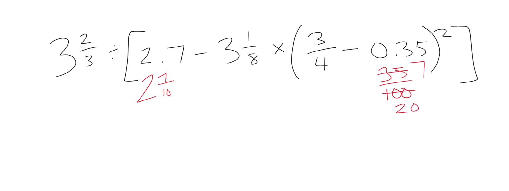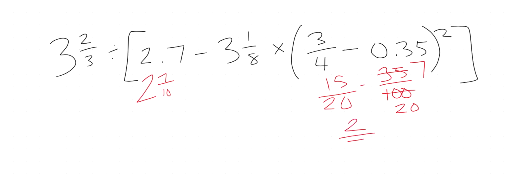On the 3/4, we're going to times by 5. Okay, so then we have 15 take away 7 and keep it over 20. And we could reduce that even further, right? So that gives us 8/20. Divide both those by 4 and you get 2/5.